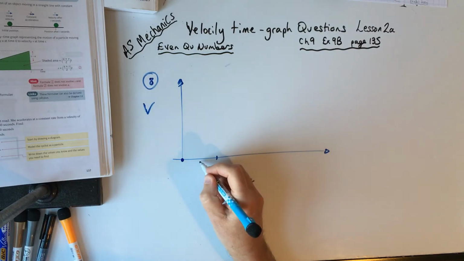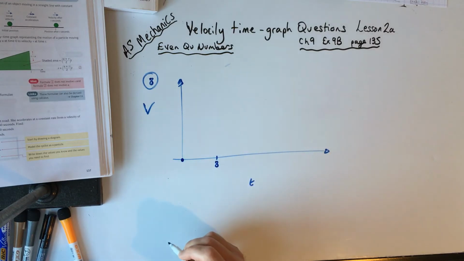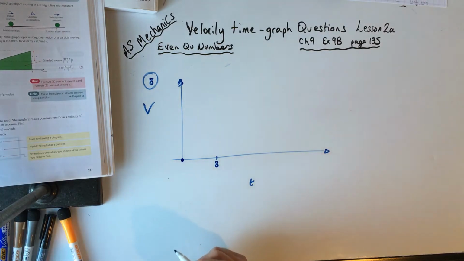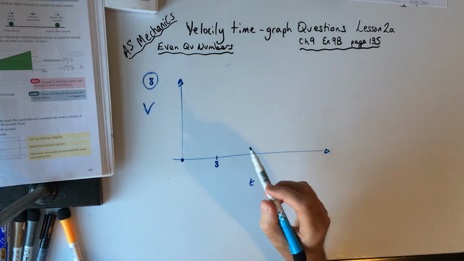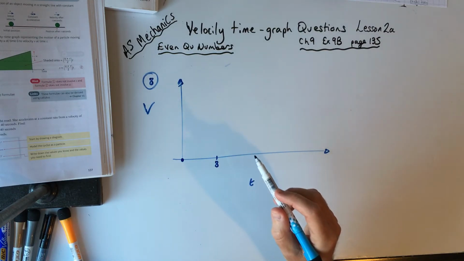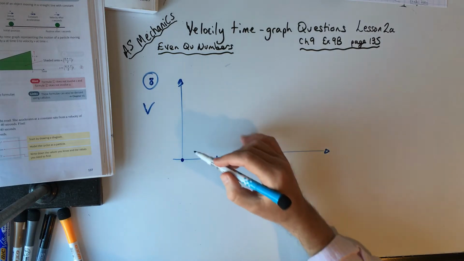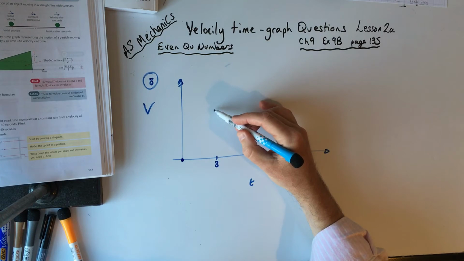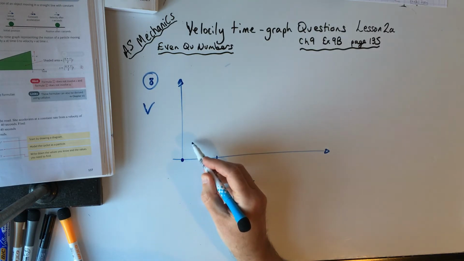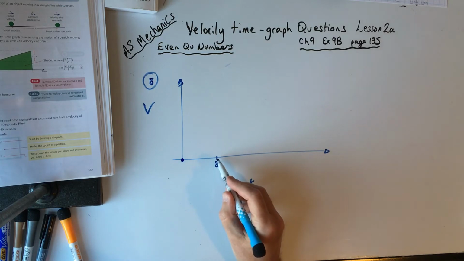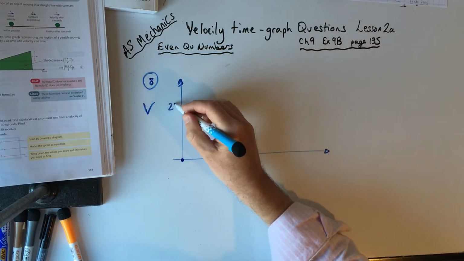So this is M, we've got 8 seconds there on the clock, and this is an interesting one because it says that for 8 seconds she's been accelerating at 3 meters per second squared. So that means the gradient is 3. For every one along it's going up 3, and it's doing that for 8 seconds, which means it's not telling you, you've got to work that out for yourself.